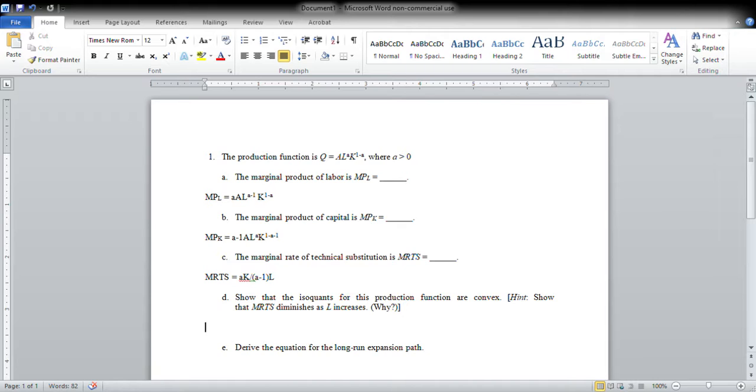So the way that we look at this, and we demonstrate, we're going to show, is we look at the derivative, which in your book it'll be that curly D. So it's the derivative of MRTS divided by the derivative of labor equals negative units of labor times capital divided by capital units times labor, sorry, squared.